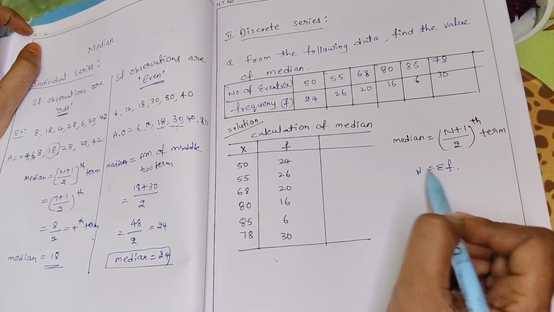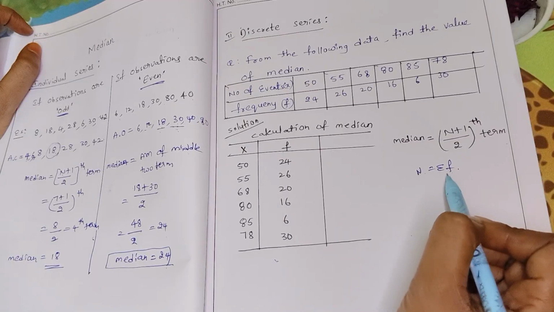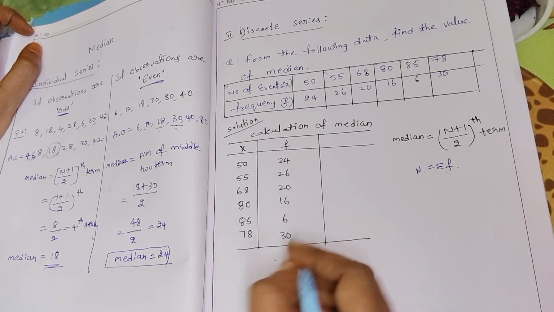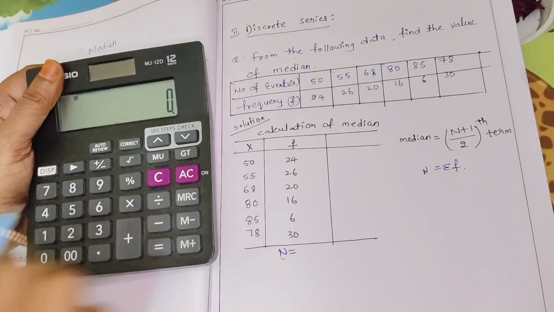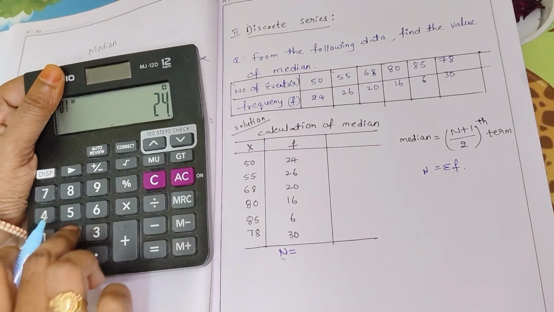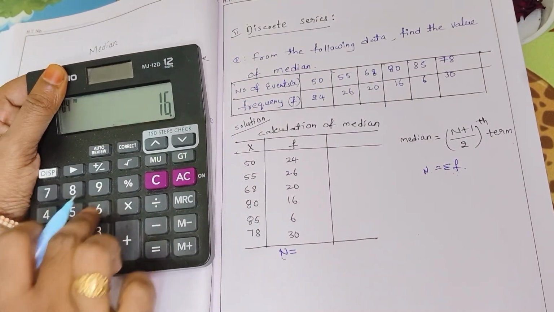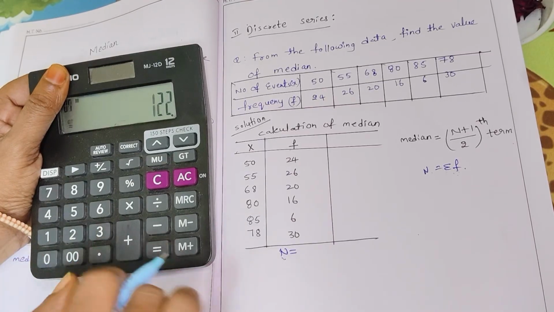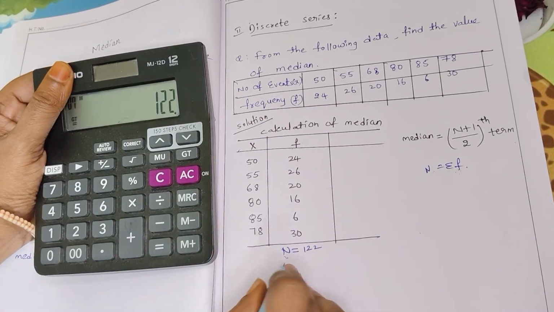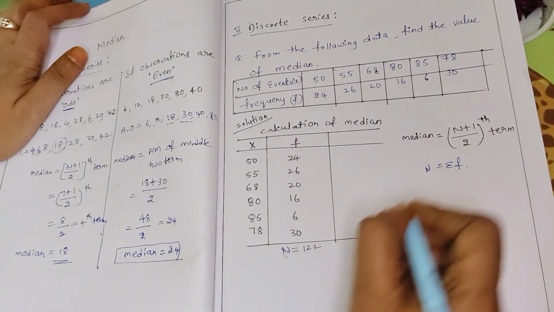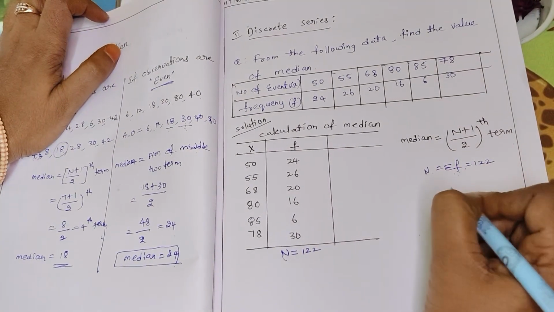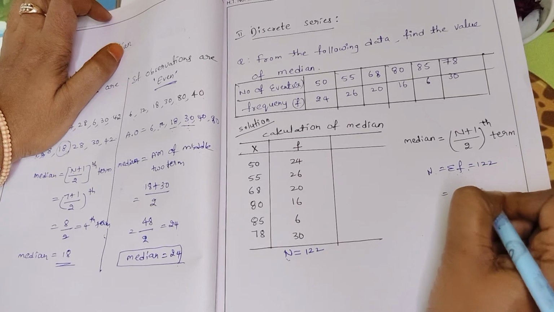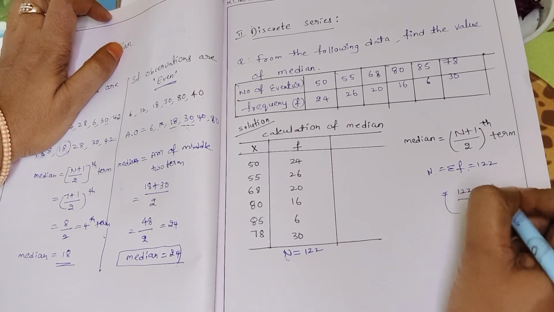Here n is equal to the summation of f, that is the total of the frequencies. So what is the total here? 24 plus 26 plus 20 plus 16 plus 6 plus 30 is 122. So that is the summation of f, n is equal to 122. Applying this formula, 122 plus 1 divided by 2th term.